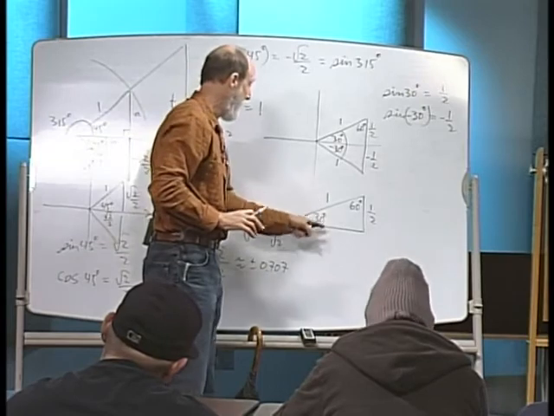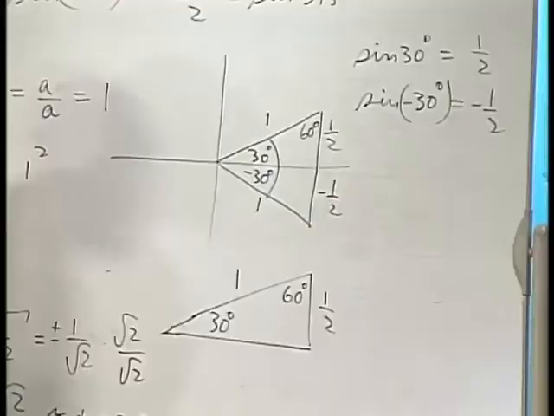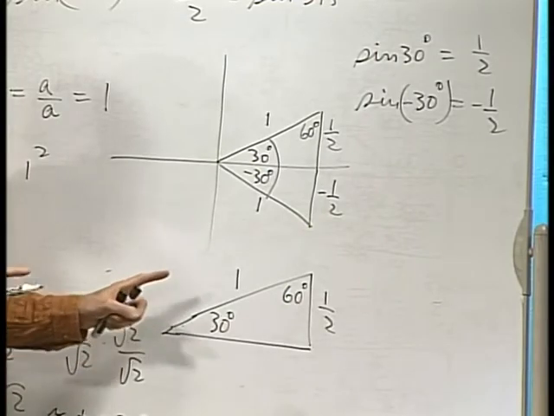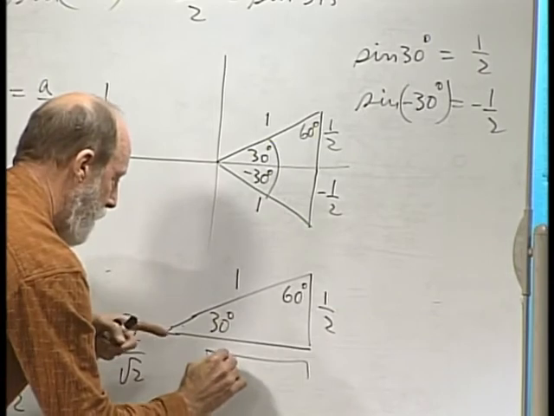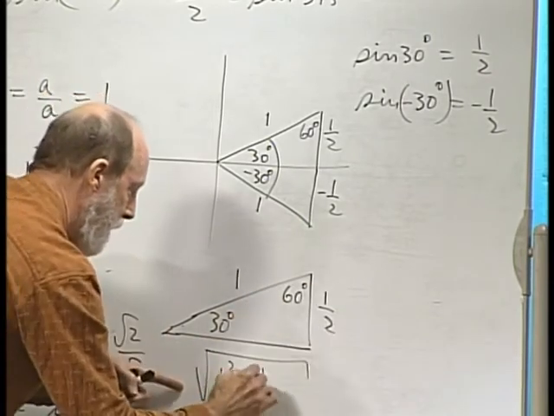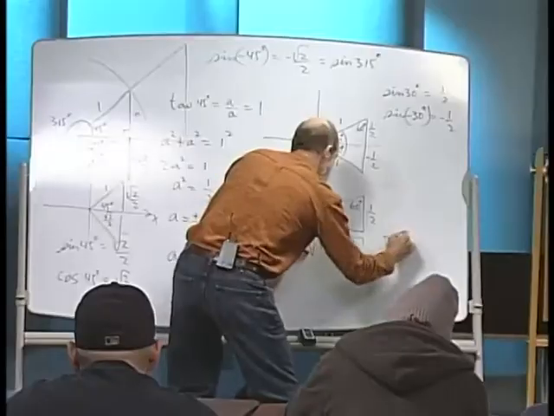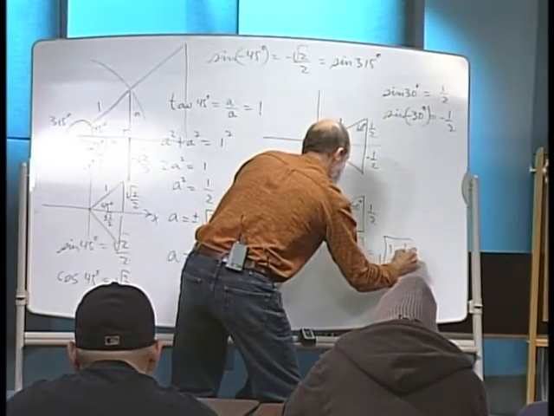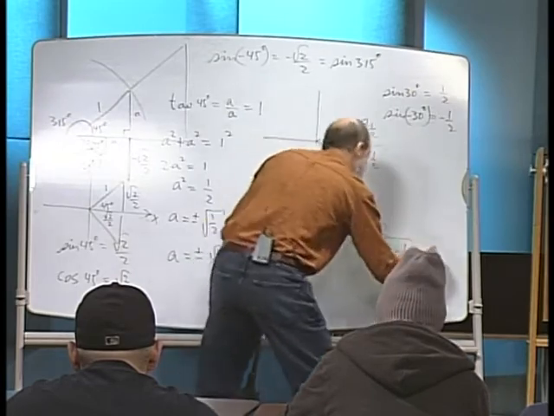So it's going to be the square root of the hypotenuse squared minus the other leg squared. So this has to be the square root of the hypotenuse squared minus that other leg squared, which is the square root of 1 take away 1/4, which is the square root of 3/4.